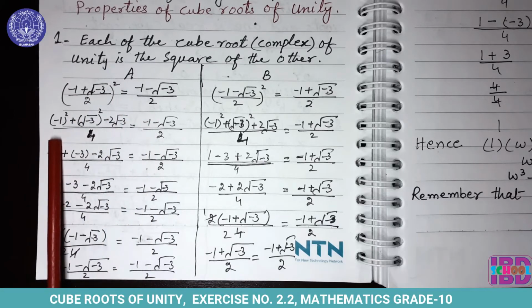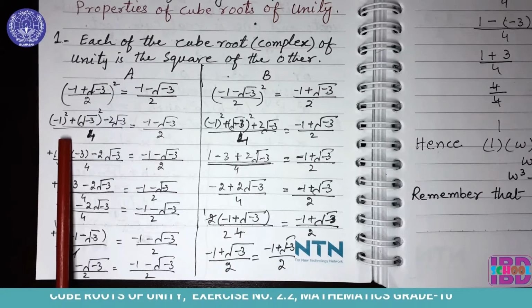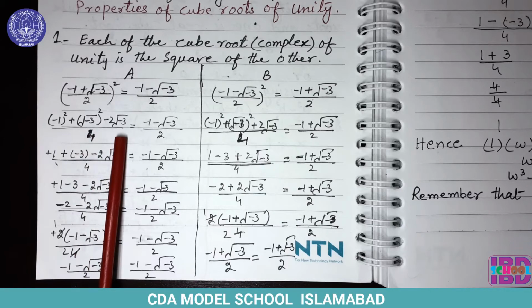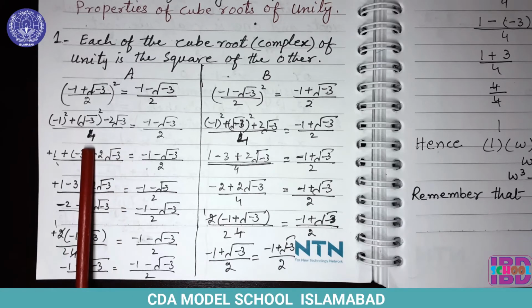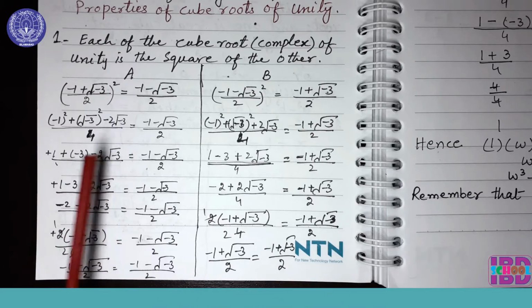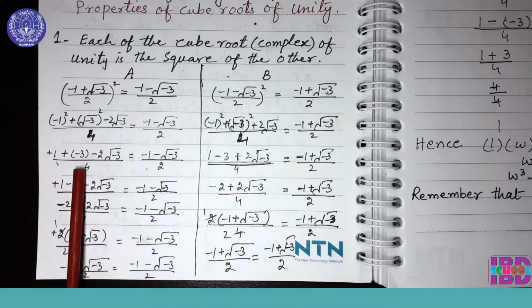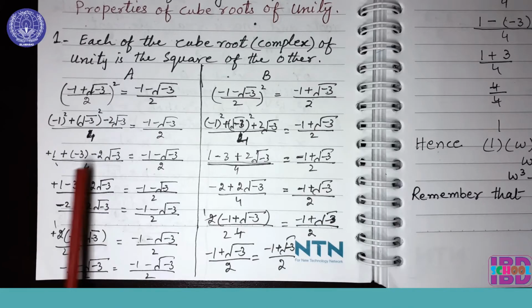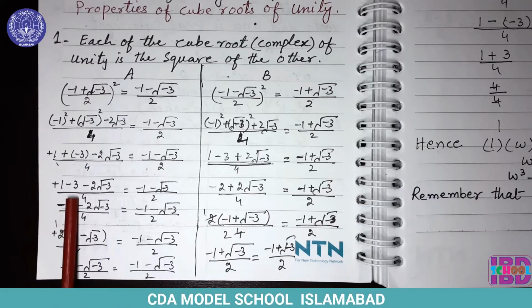We find minus 1 whole square plus under root minus 3 whole square minus 2 under root 3 by 4. Minus 1 whole square is equal to 1, where under root minus 3 whole square is equal to minus 3, and 1 minus 3 is equal to minus 2.